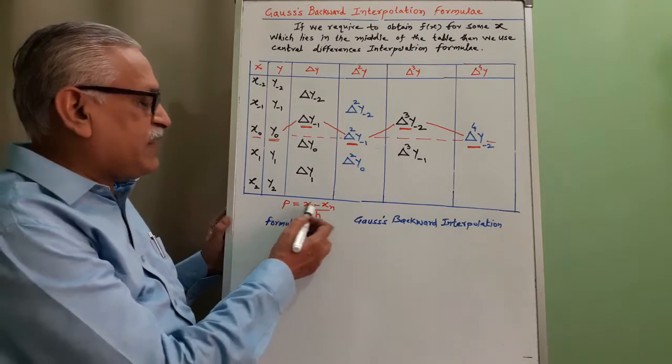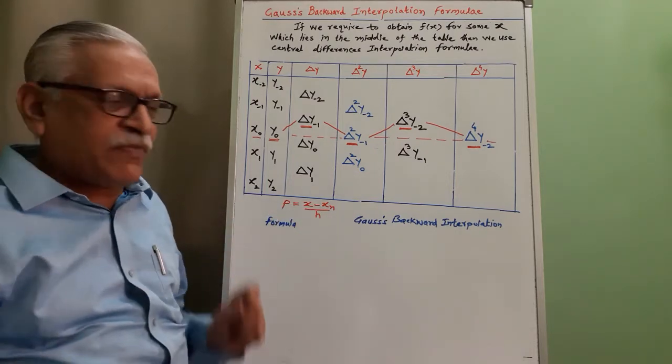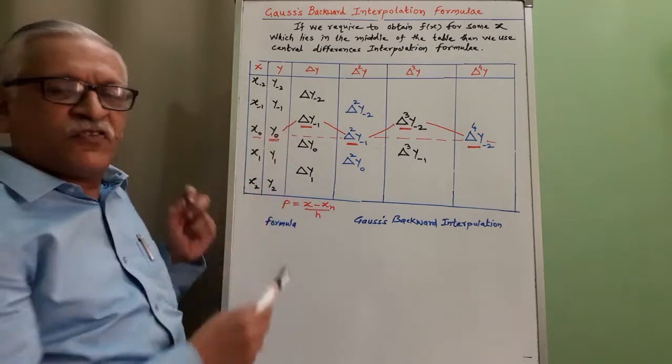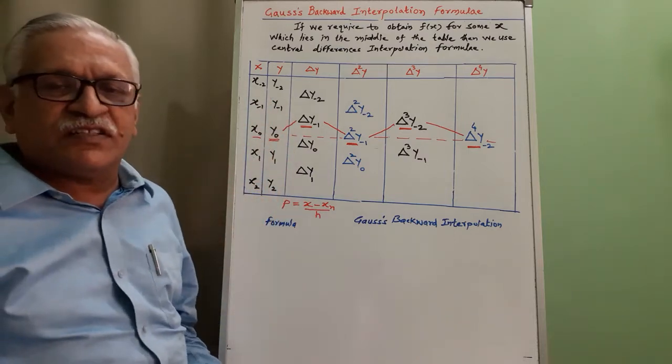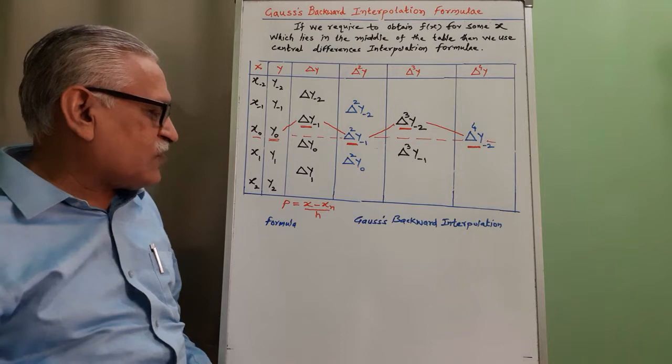Here p is given by x minus x0 by h. All the values are equispaced or equidistant. H is the distance between two successive values.